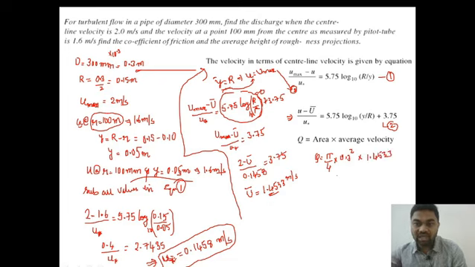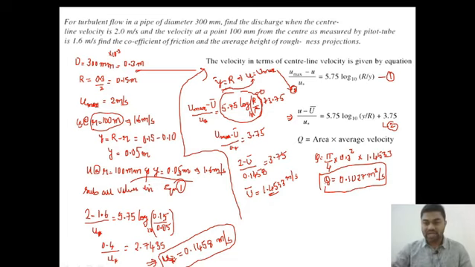So the discharge Q becomes 0.1027 meter cube per second. So this is the value of discharge, 0.1027 meter cube per second.